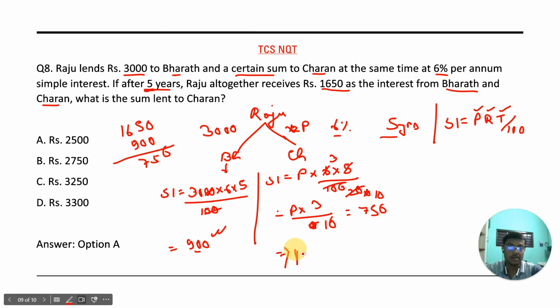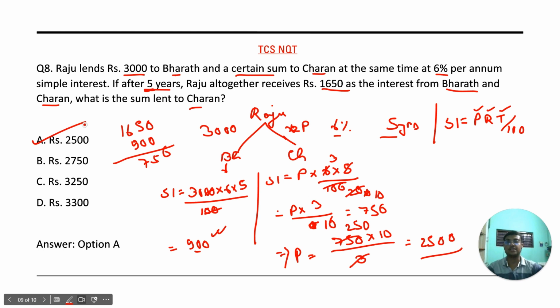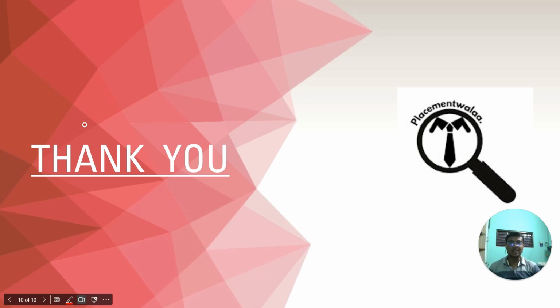So 750 is the interest for Charan. So we can equate these two. We get P equal to 750 into 10 by 3. We can cancel it out, which comes out to be 2500. So Raju lends rupees 2500 to Charan, which is option A, the correct answer.